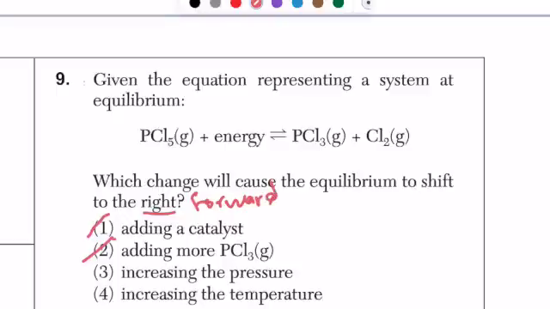So remember, when you increase the pressure, it will work in this case because they're all gases. The reaction shifts towards the side where we have more moles. Because you have more moles on this side, here you have 2 moles, here you only have 1 mole. So this is correct. And when you increase the temperature, the reaction favors the endothermic reaction.